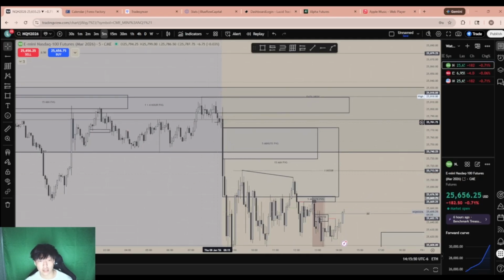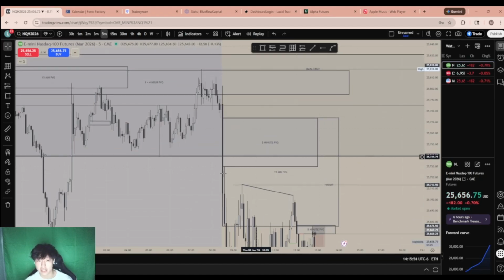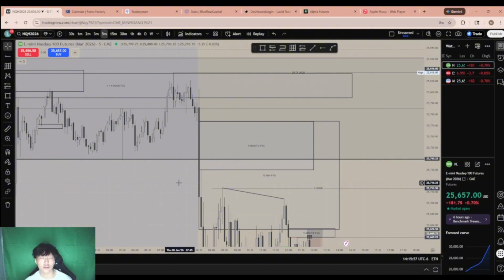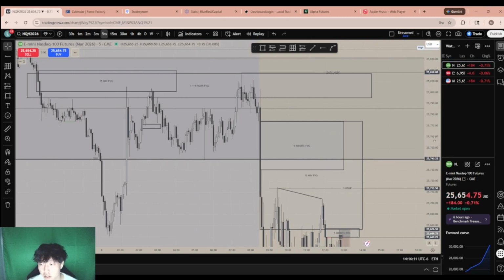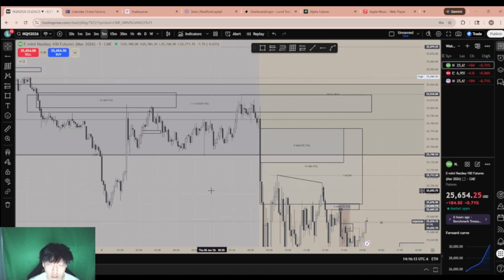You literally could have taken this right here, just because, it's not the cleanest V shape, but you're not going to have that much volume. Plus you're not going to have, I don't know, it's not going to be perfect because the volume is not there, but your liquidity and your bias would be 100% correct.